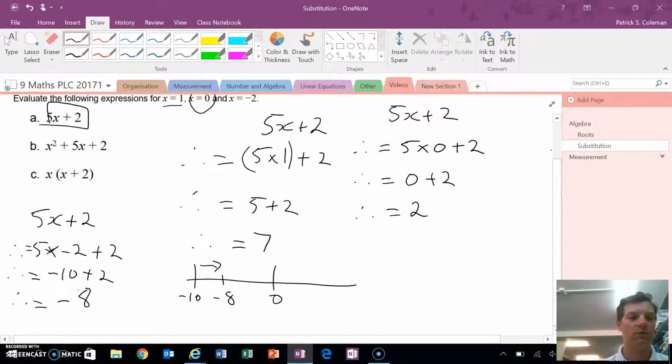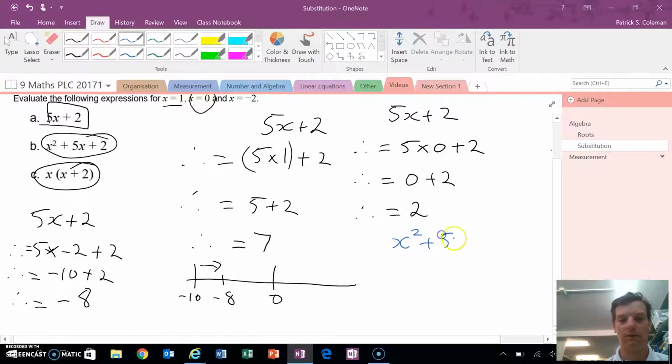Let's have a look. We'll make x equal to 1 in this example, and we'll make it equal to 0 in that example. So x squared, we might just change the colour here so we can see what's going on. x squared plus 5x plus 2. And what you'll often see is a comma and x is equal to 1 in this example.